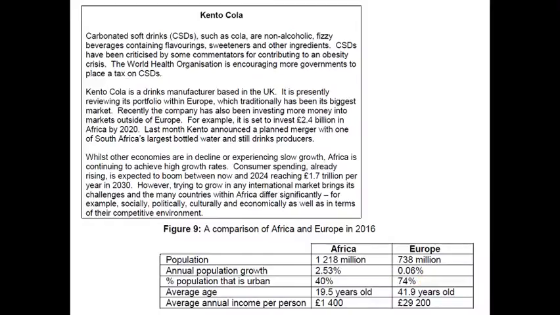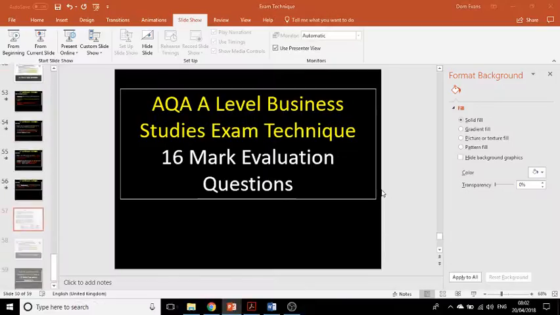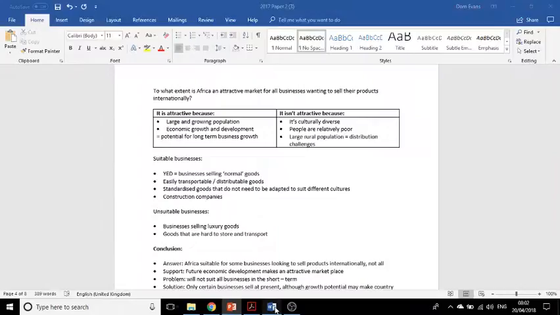Now, when I planned the answer to this question, here's what I looked at. So we're looking at the extent to which Africa is an attractive market for all businesses wanting to sell their products internationally. Okay, and my very basic plan that I might have scribbled at the top of my essay is that it's attractive because there's a large and growing population and there's economic growth and development.